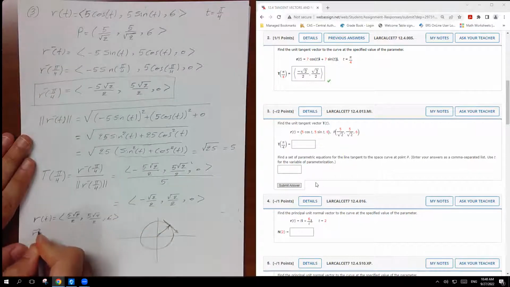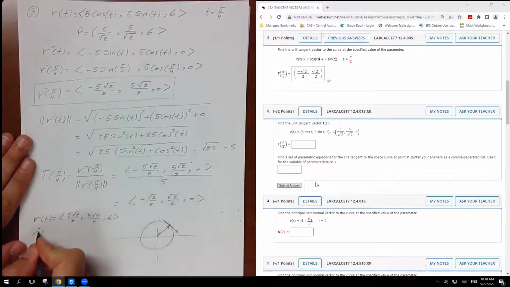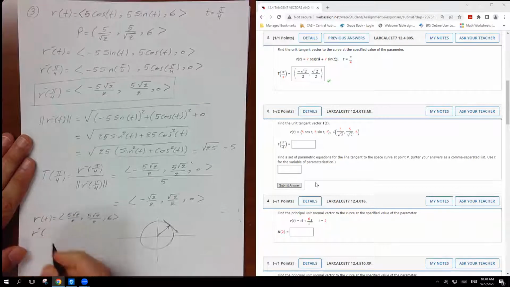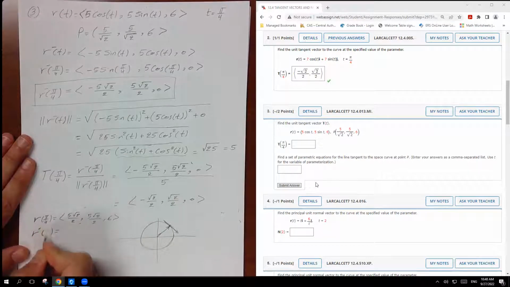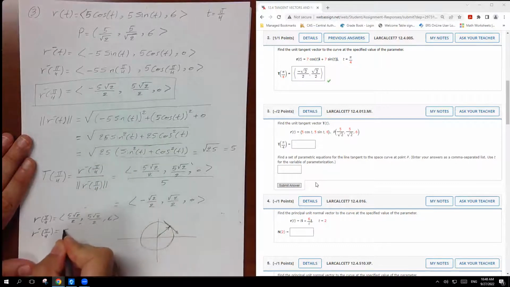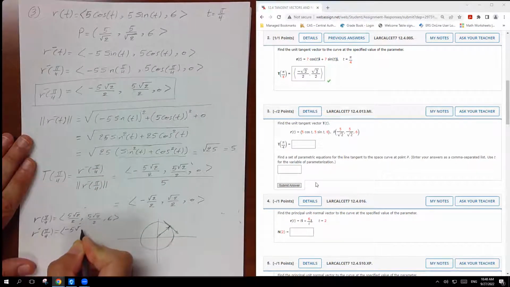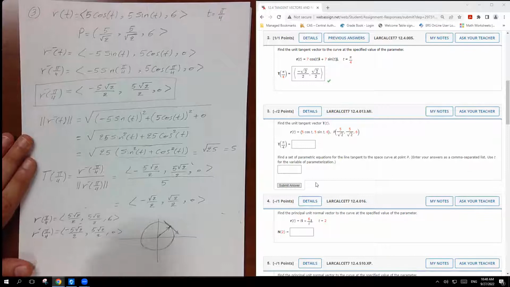So the derivative for this vector, which we already have with respect to pi over 4, I have to write down pi over 4 here. Here is the new vector, which is negative 5 square root of 2 over 2, and 5 square root of 2 over 2, with the 0.